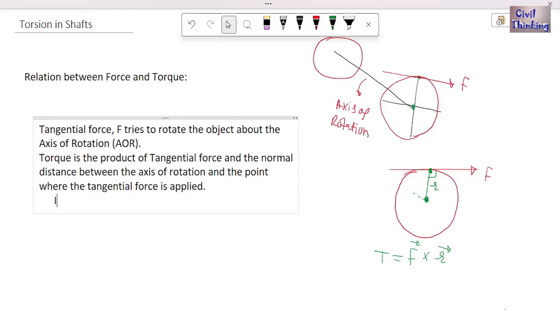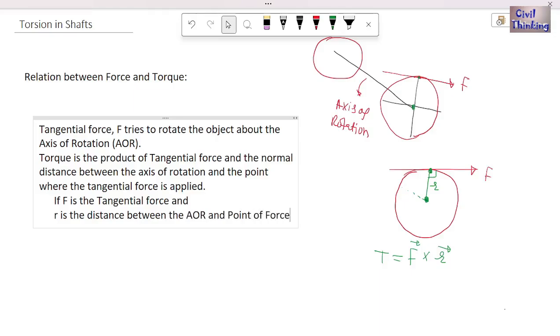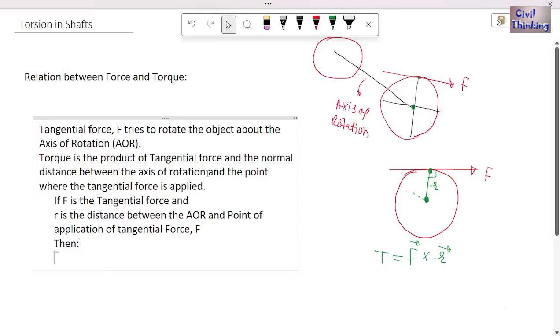So if F is the tangential force and R is the distance between the axis of rotation and the point of application of tangential force F, then what's the relation?